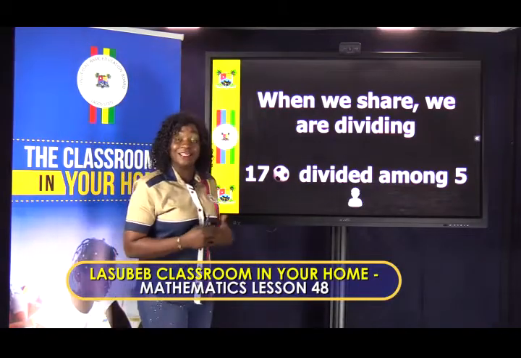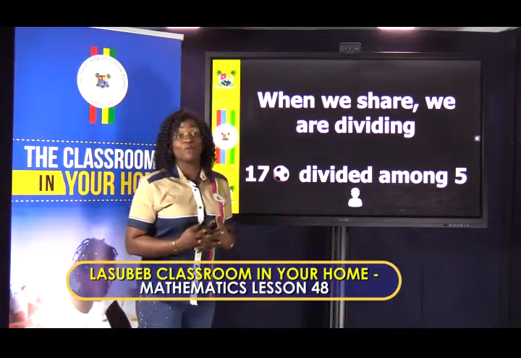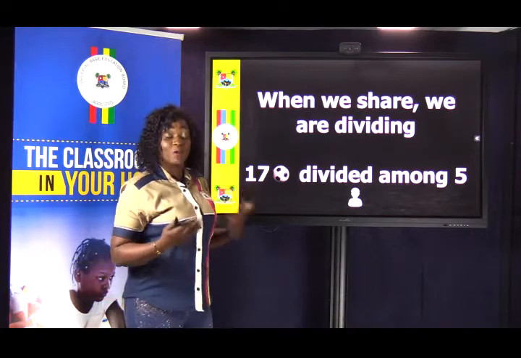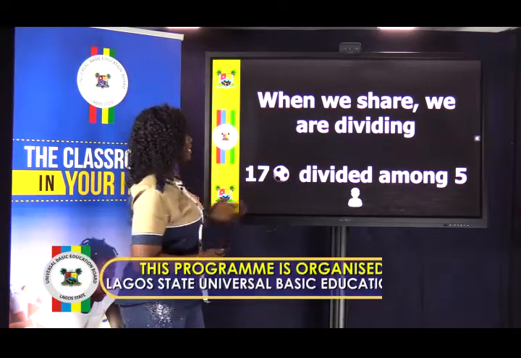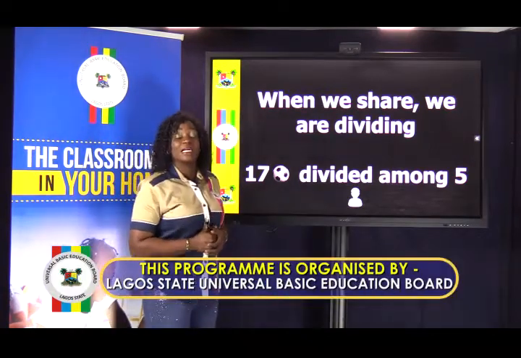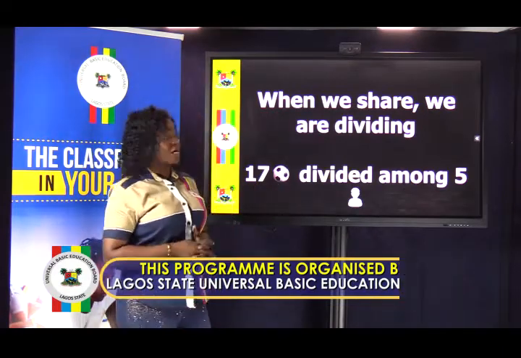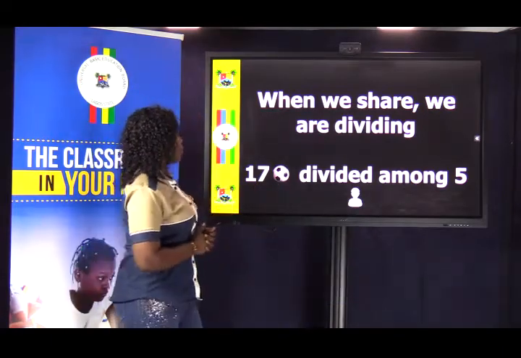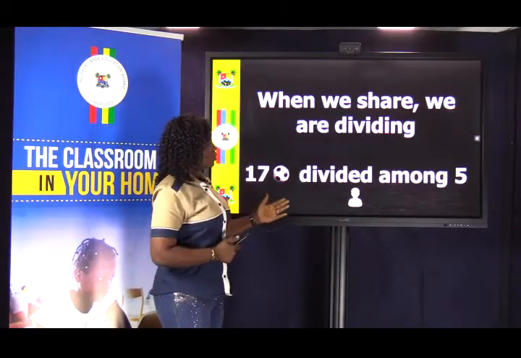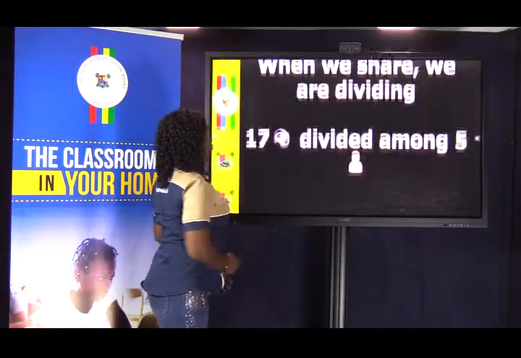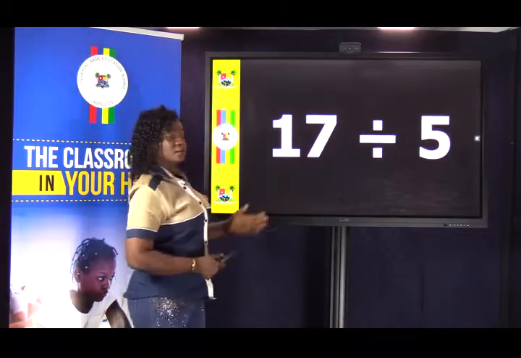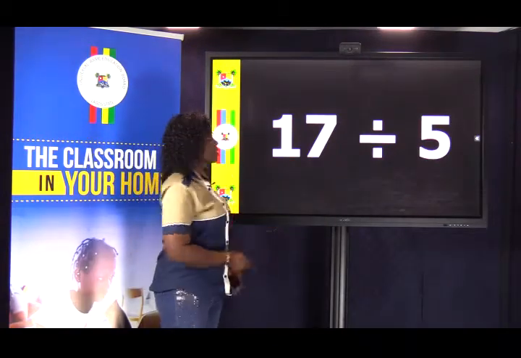Remember when I defined words that, when we see them, we know we are to divide. Share among equally, you know you are to divide. So 17 balls divided among 5 boys. This is how to write it out in symbols.